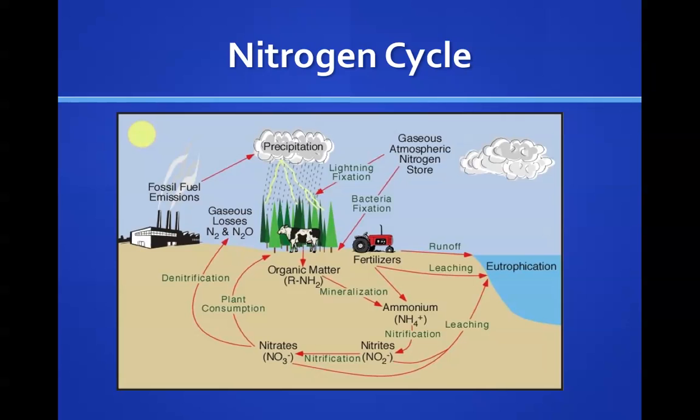Well, we don't really eat it, but other organisms do. And then as the plant material and other organic material dies and decays, you have decomposers who come in and release these inorganic nutrients back into the cycle. So this is like the plant cycle, basically.